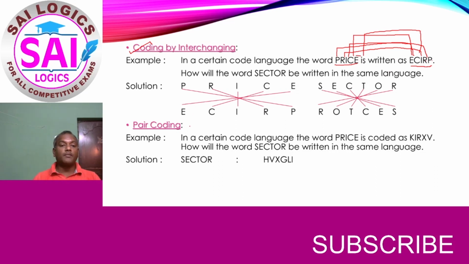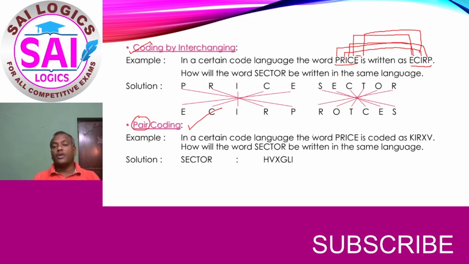And the fourth type of coding is pair coding. So we have learned what a pair is. Pair means if the sum of two alphabets is 27, those two alphabets are called pairs. And for remembering those pairs, we have seen some shortcuts also. Now let us see what the question is.